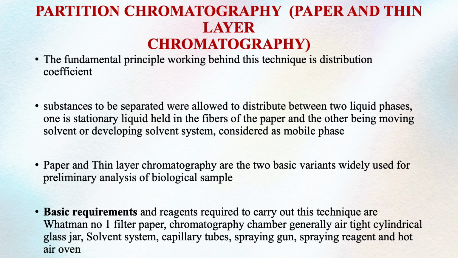Similarly, we need some solvent system and capillary tubes to load the sample on the paper. And also we will require a spraying gun, which is responsible for spraying the dye or stain on the paper. We are also going to observe these instruments in our coming discussions.